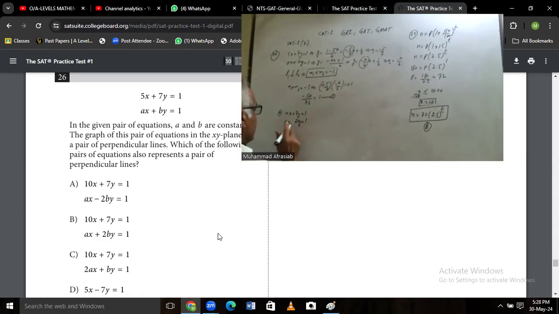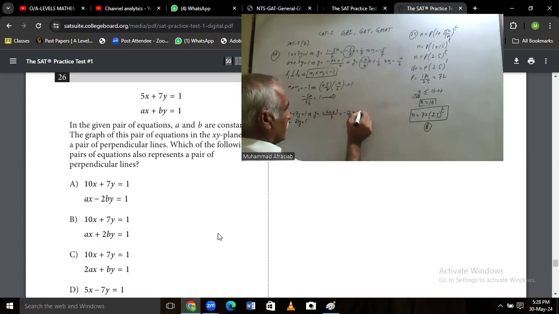For the first, y is equal to minus 10x plus 1 over 7, or minus 10 over 7 x plus 1 over 7. So the slope of this line is equal to minus 10 over 7.